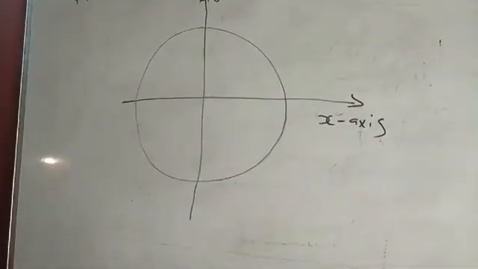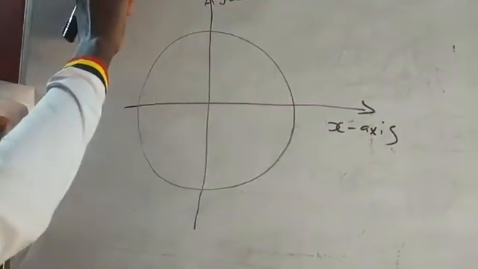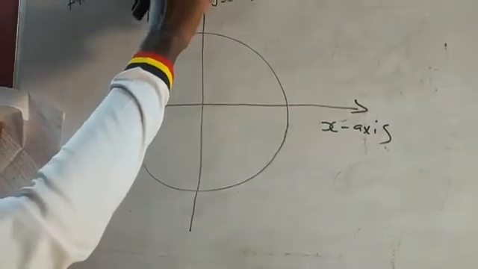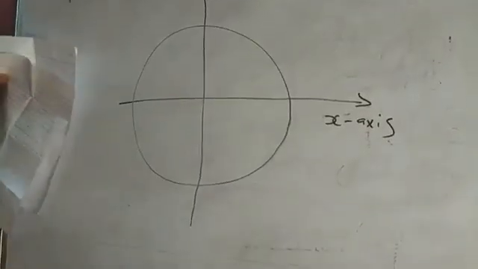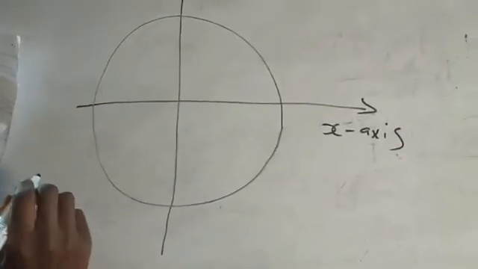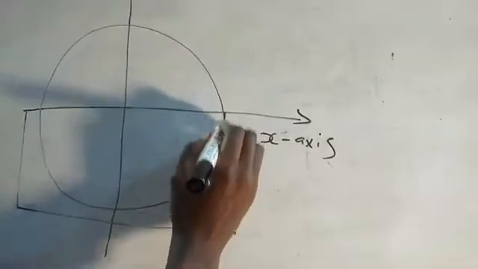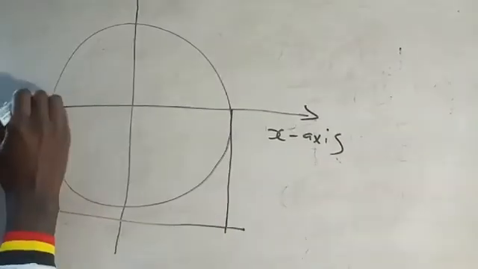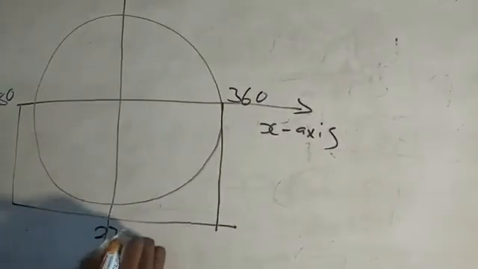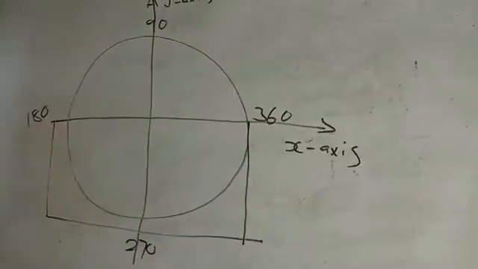They have told us that 180 degrees is less or equal to x, less or equal to 360, so meaning they are meaning this region down here, 180 and 360, this is 270 and this is 90 degrees.